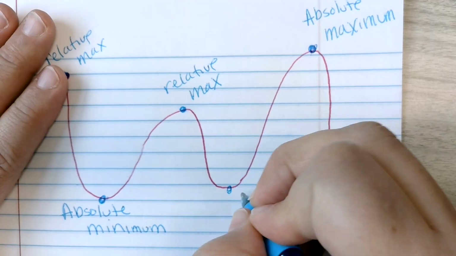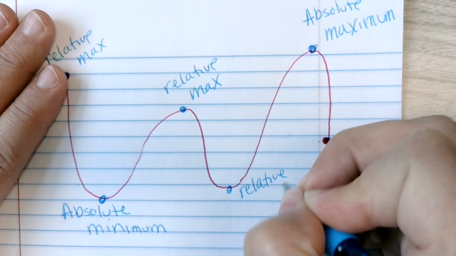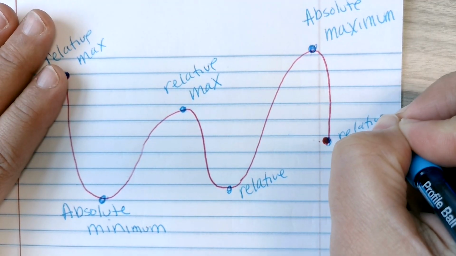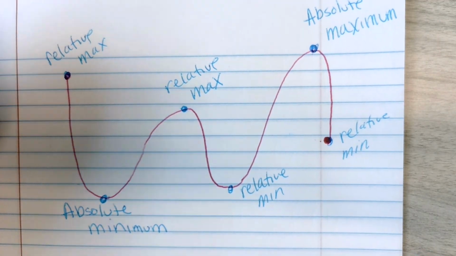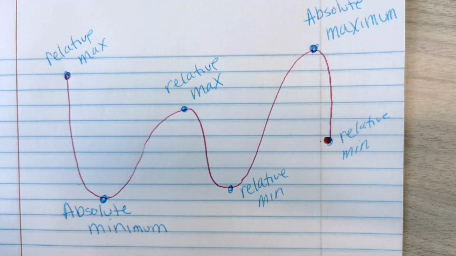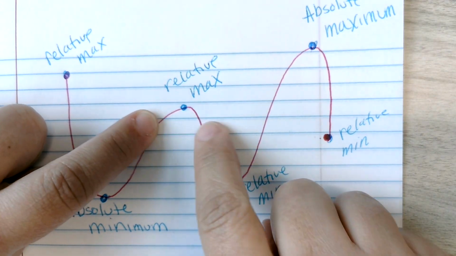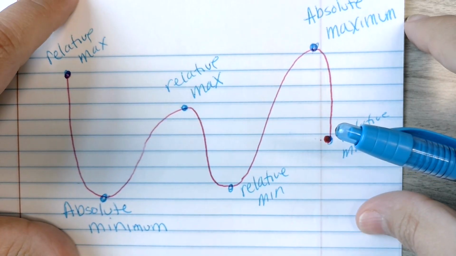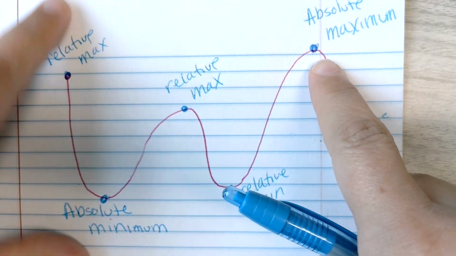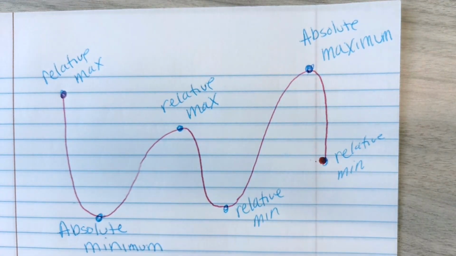And then relative minimums. Now keep in mind, instead of relative, I could have used local, and that's another kind of visual word to help you remember that it is kind of tall locally, but if I look at the entire picture, it's not the tallest point. Okay, so that's the difference between absolute and relative.